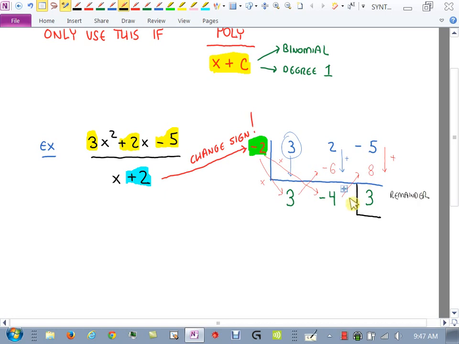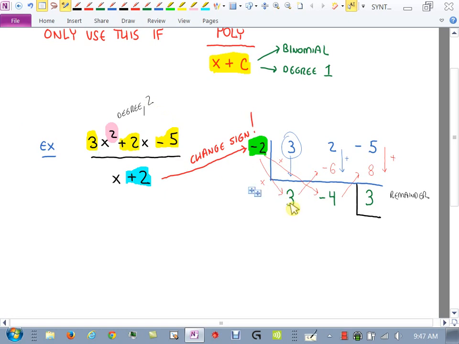Now the first two numbers here, this needs to turn into a 3x minus 4, right? Because the answer had 3x minus 4. So the way we're going to determine that there should be an x next to this is as follows. We go to the original problem. We look at the degree that we had on the numerator. What was the degree up here? On the top, it was 2.